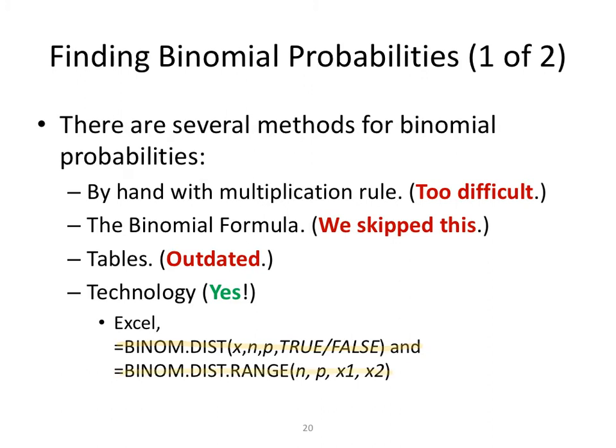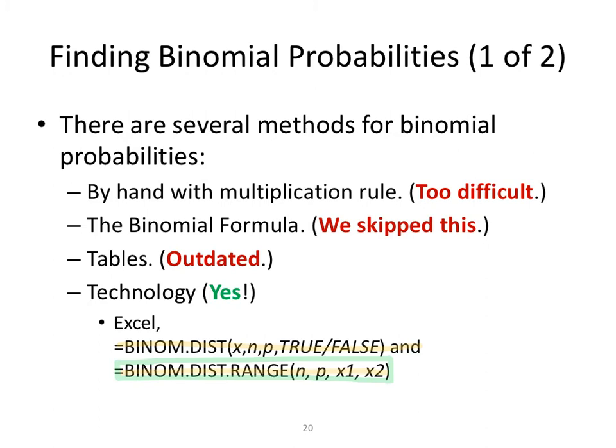Now the one that I prefer students to use is binom.dist.range because you actually can do this for all of your binomial probabilities. So again, we'll be using binom.dist.range, and I will try to make sure that's the one I stick with each time, because when we use binom.dist, you have to be careful with using true and false and all that. I feel that students do much better with binom.dist.range.